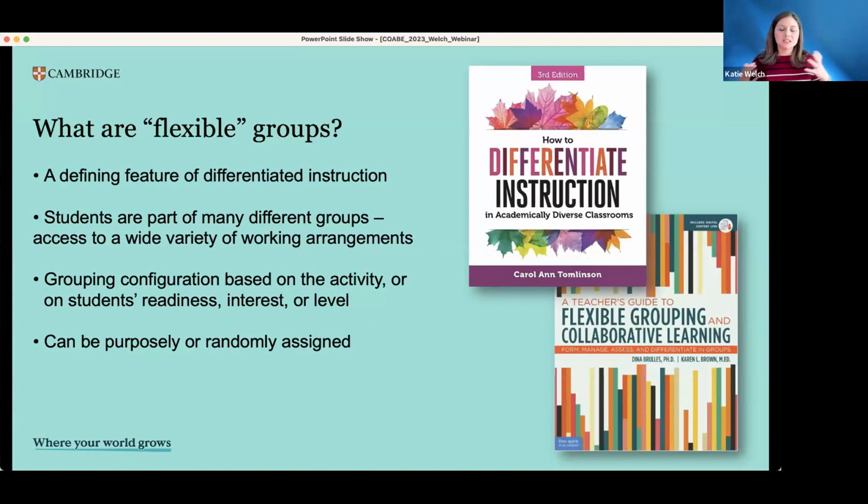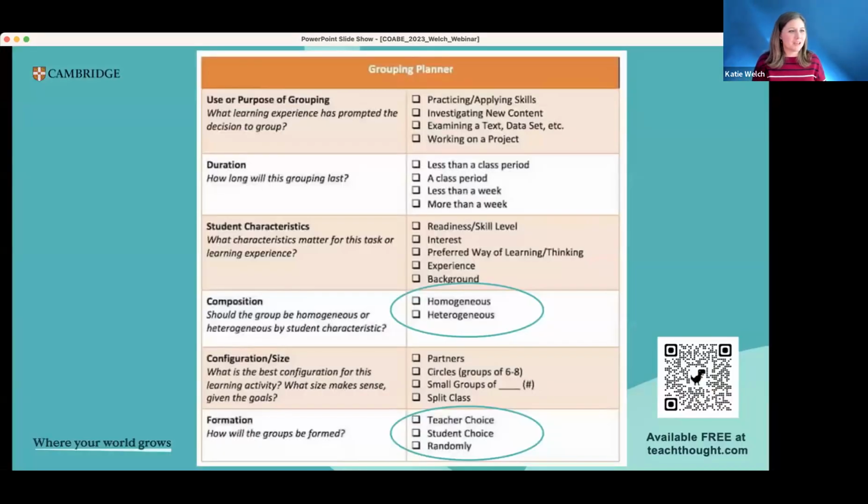Students are constantly moving into different grouping configurations based on what the teacher is trying to accomplish at that time. And these groups can be purposefully assigned, that is, you've given a lot of thought to who is working with whom, or they could be randomly assigned, where you don't know who the partner is going to be, and that's okay.